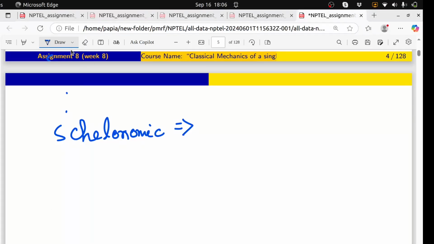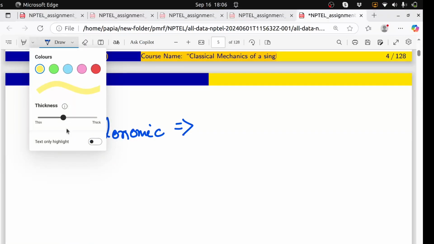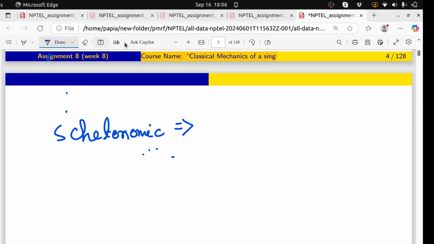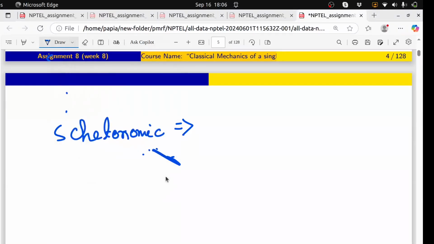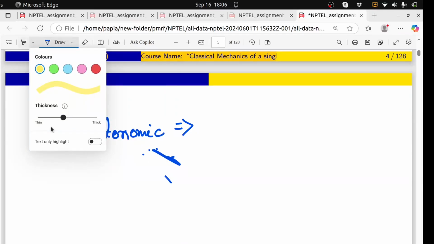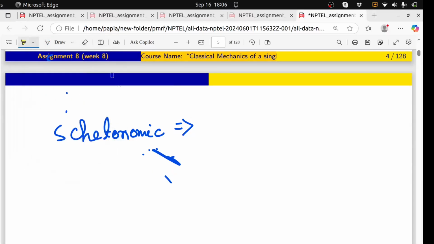It is not showing. Just a minute. I can't understand why the pointer is not showing.